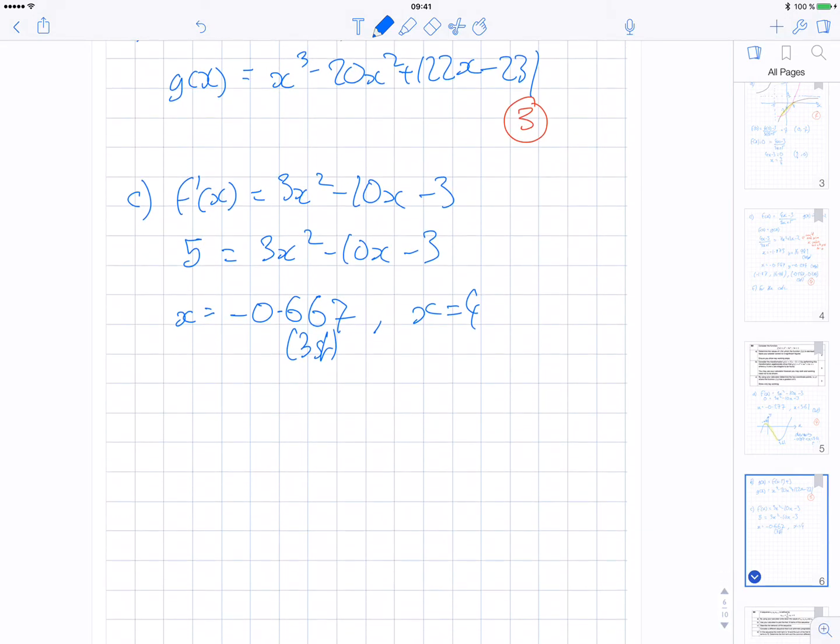Now we need to know the y value, so I put it into f.